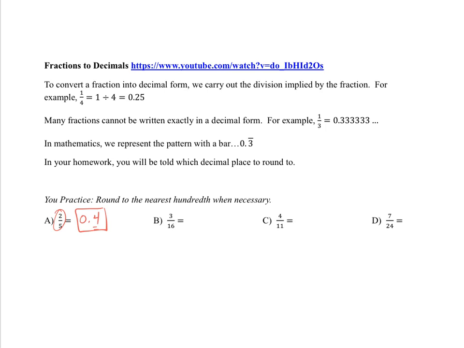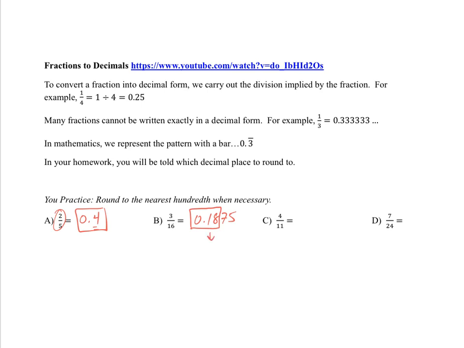But if you type in your calculator 3 divided by 16, you'll end up with 0.1875. And hundredths place is 2 places. So we're looking at this right here. We want 2 decimal places.